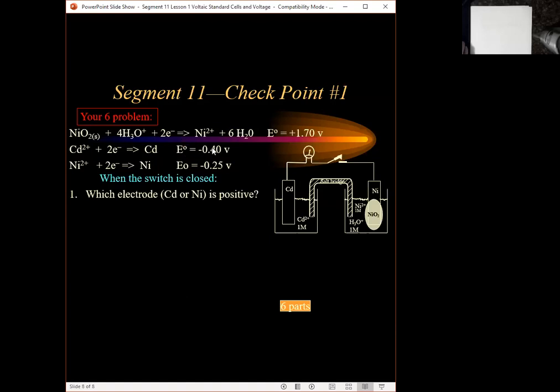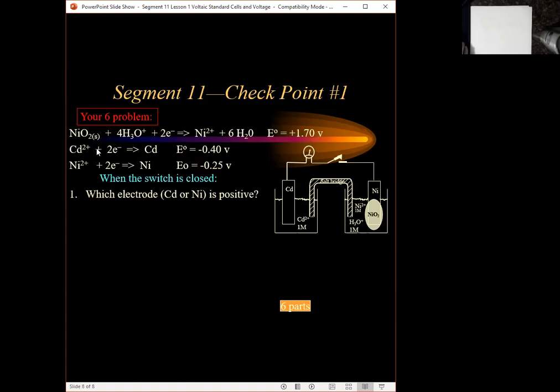If I switch this around to make it electrons lost in the cadmium, and combine it with this electrode, I would get plus 0.4 plus 1.70. That gives me what, 2.1 volts.